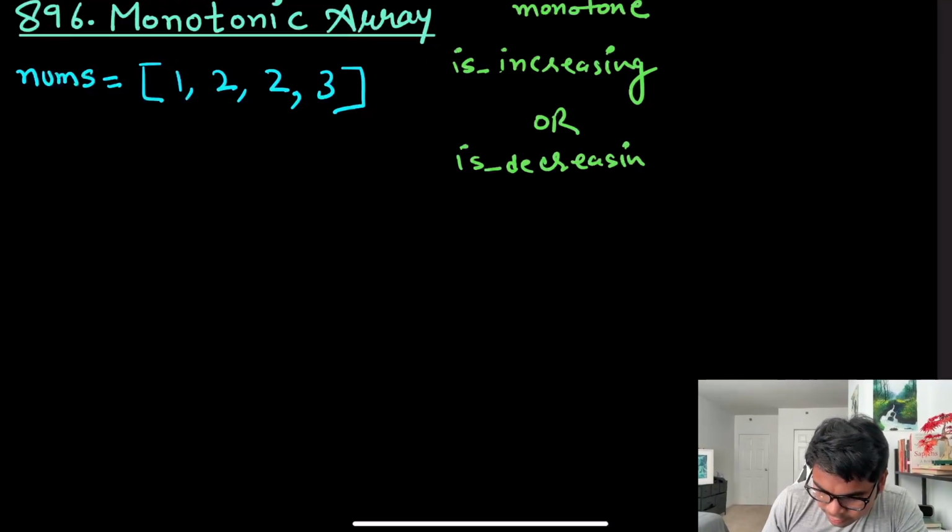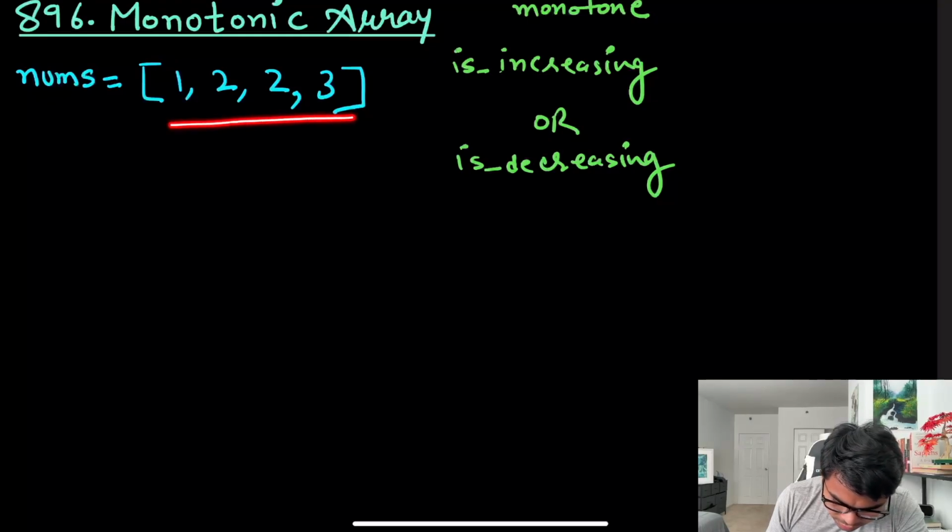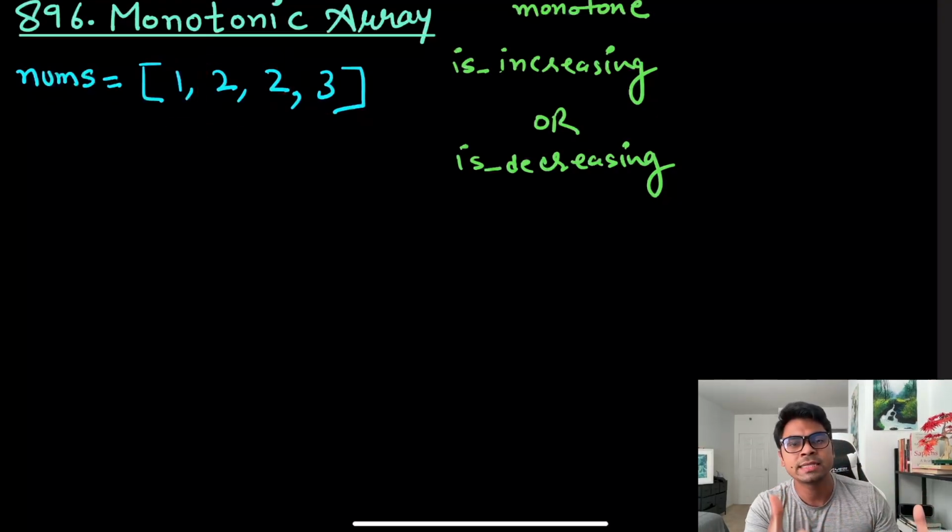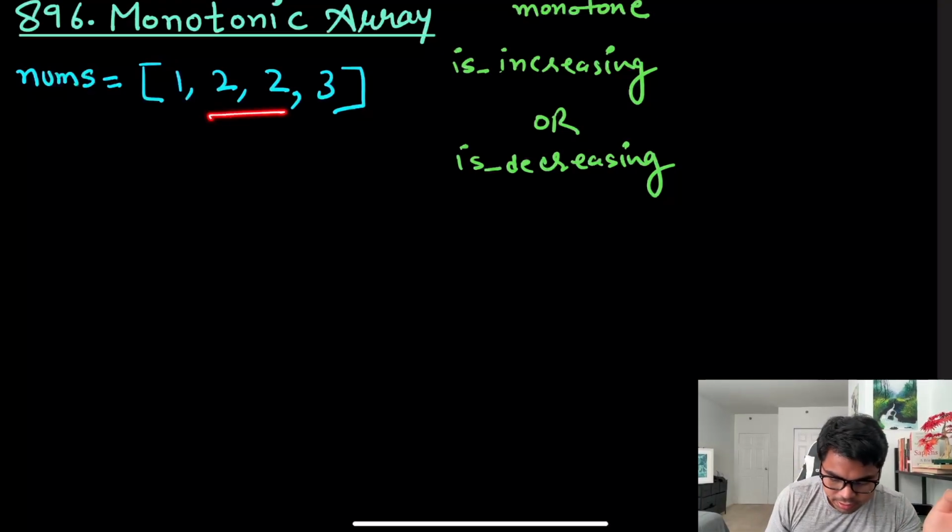This is what we are checking, right? So in this particular example, you see that all these values are increasing, although since the problem hasn't asked us to check for strictly increasing, that is why this is allowed. So this nums array right here is actually a monotonic increasing array.